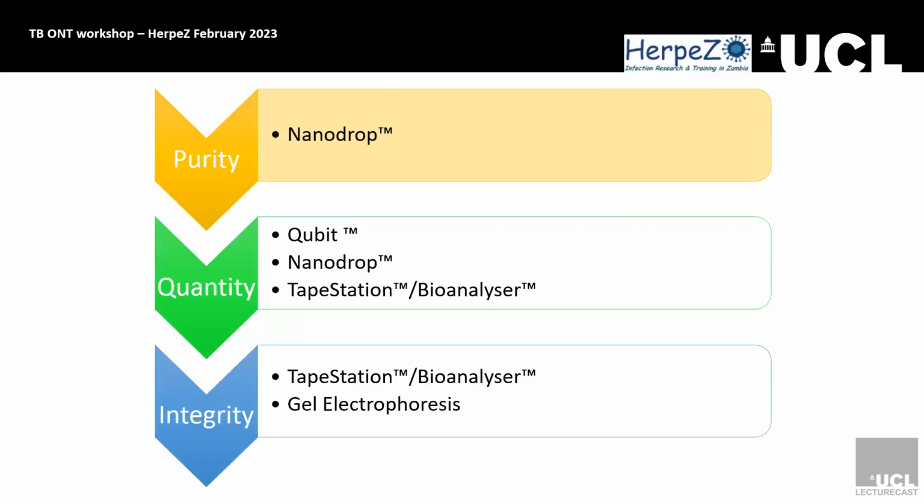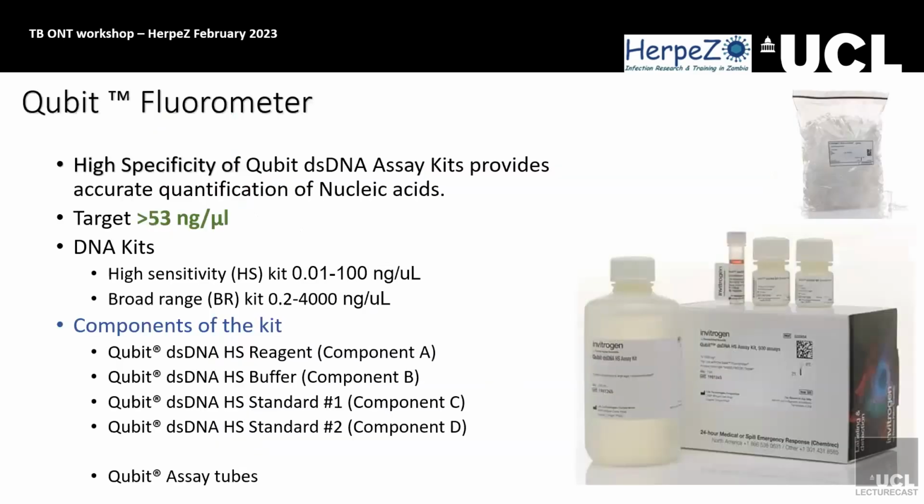So that's purity. Now for the quantity and concentration of DNA, the Qubit comes with the kit. The stock of working solution, and then it comes with 2 standards.